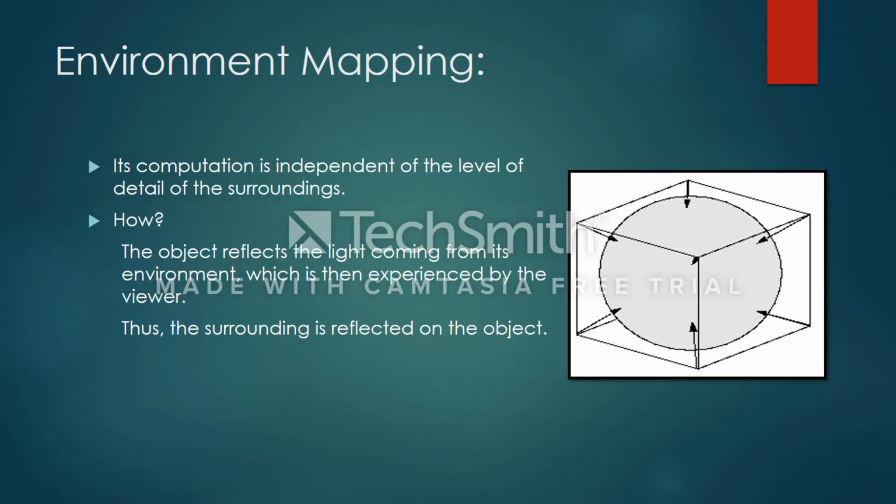So when it comes to environment mapping, you just need to compute the 2D image of the environment or surrounding, and then map it to the surface of the object so that the environment is being reflected on the object. It's that easy.